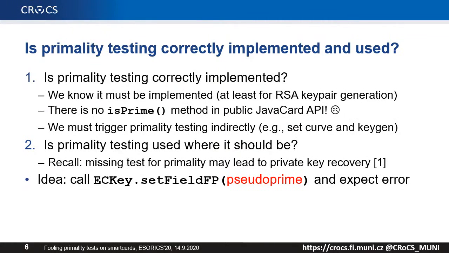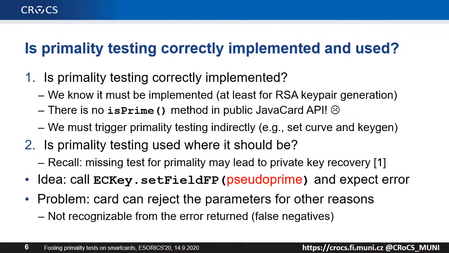We will generate a pseudoprime of particular form, call the method that is expected to do primality testing, and then observe and analyze the resulting error. We are submitting pseudoprimes, so we shall get the error, this is not a suitable argument, an illegal value.